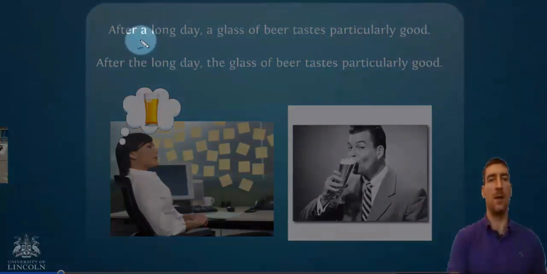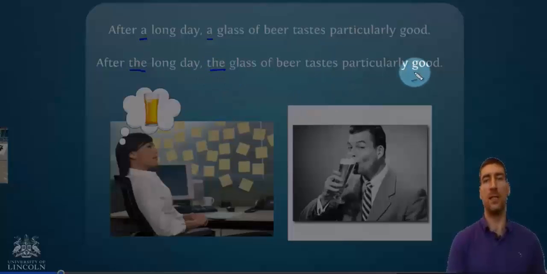So we've got in the first sentence, after a long day, a glass of beer tastes particularly good. So we've got the indefinite article used twice here to describe the day and to describe the beer. In the second example, after the long day, the glass of beer tastes particularly good. Now they're very, very similar, as I said, aside from the fact that they use different articles.